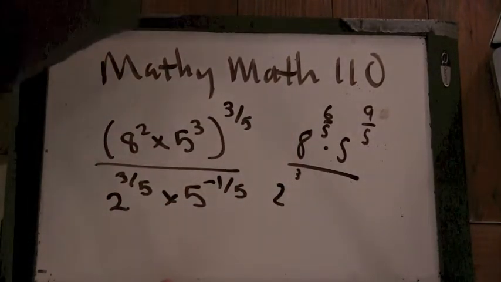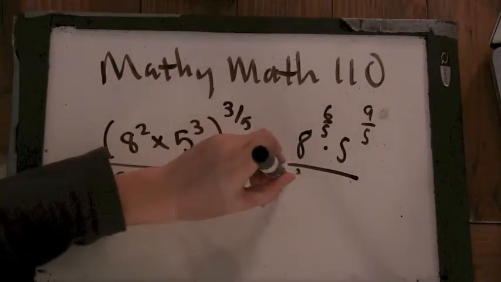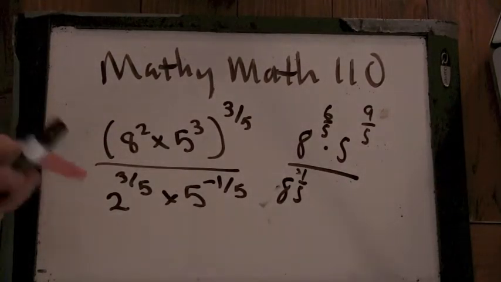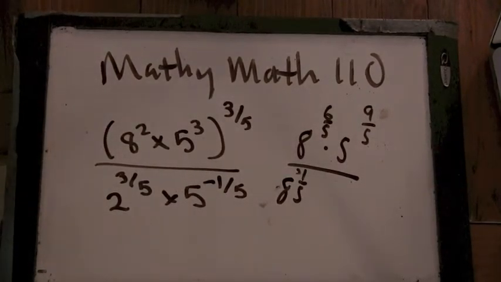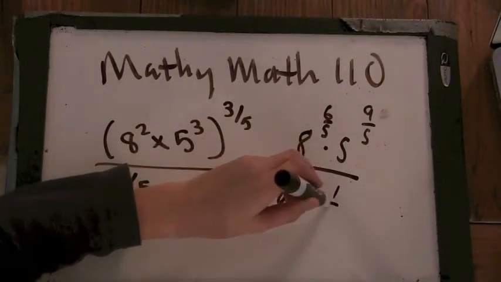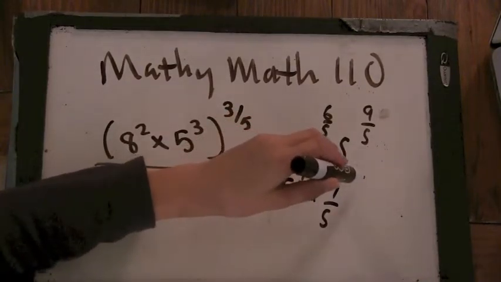Actually, since we have 8s, I'm going to say this is 8 to the 1/5. It's 2 cubed, the whole thing to the 1/5. So you're going to change that to be 8 to the 1/5. Okay. Times 1/5 to the 1/5.